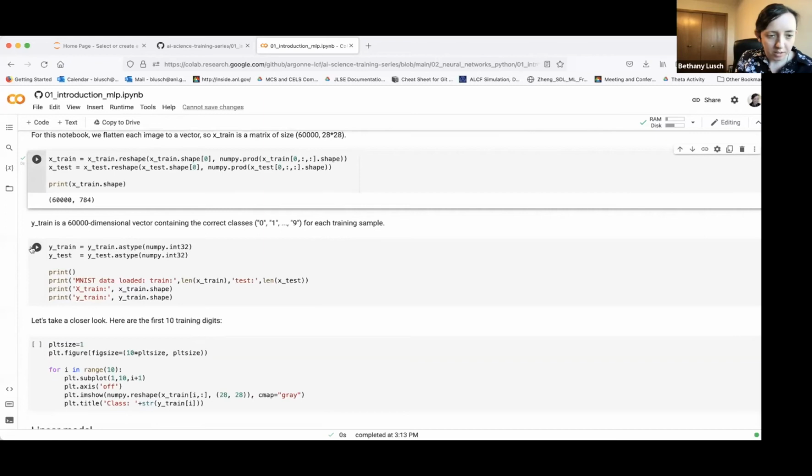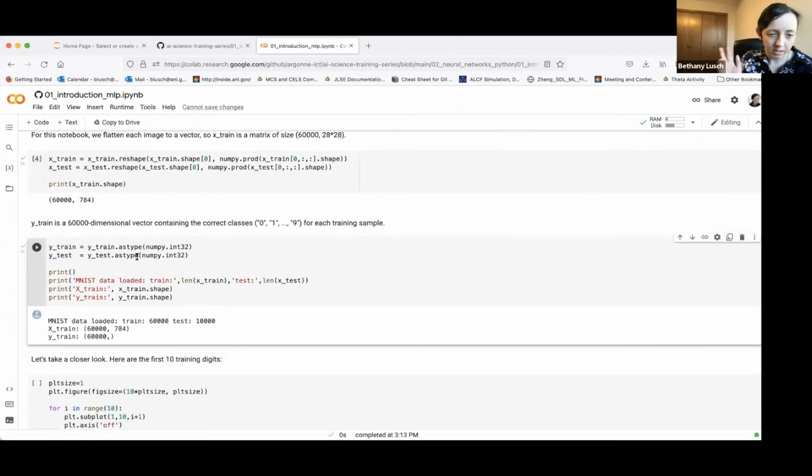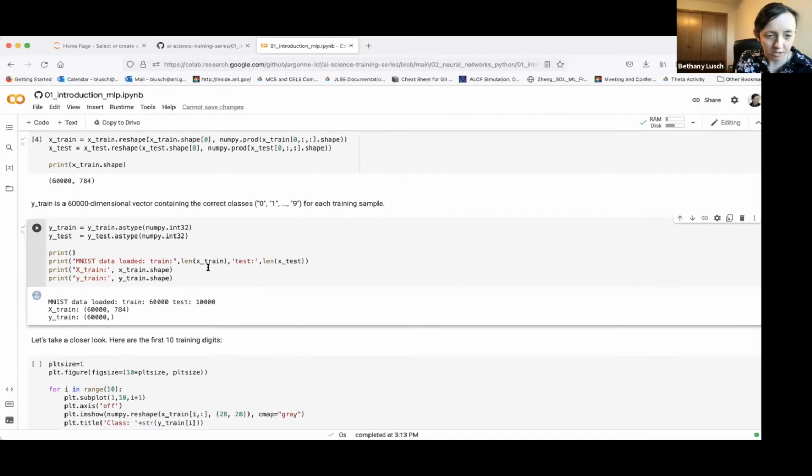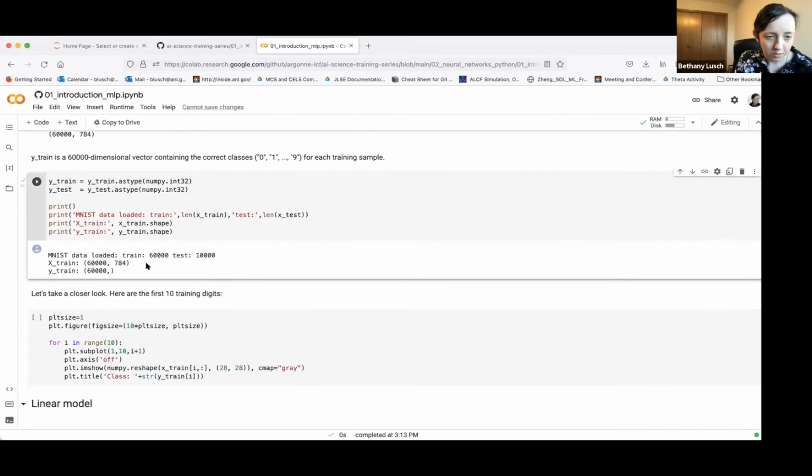And we'll do some simple processing on the labels too. We just want them to be integers. And so we can check again that there are 60,000 training examples and 10,000 test examples. For the training data, each of them is a vector of length 784.